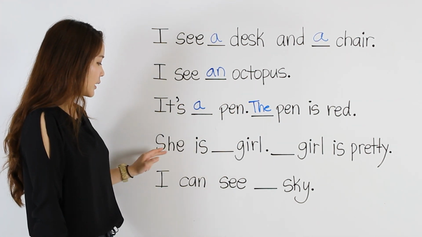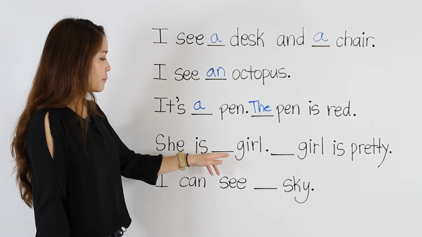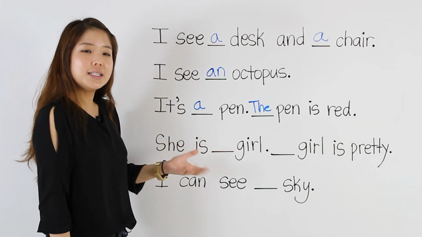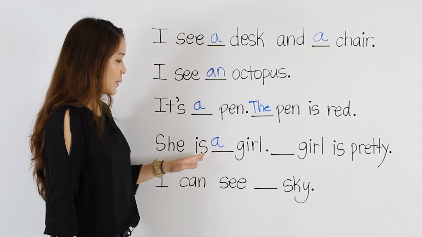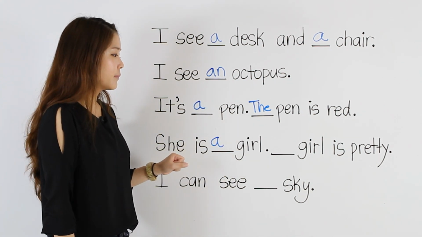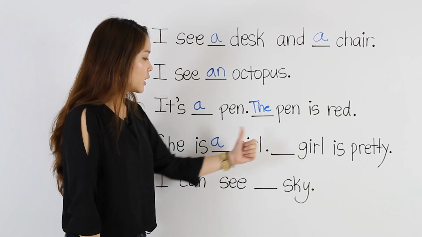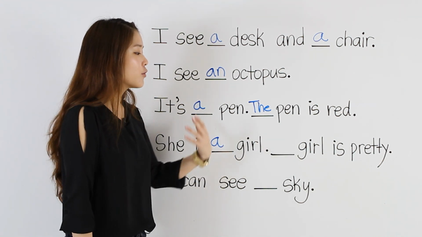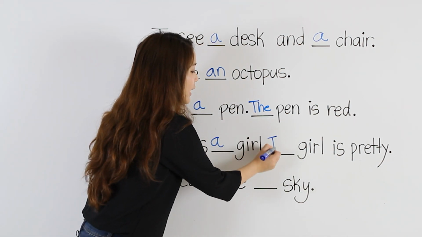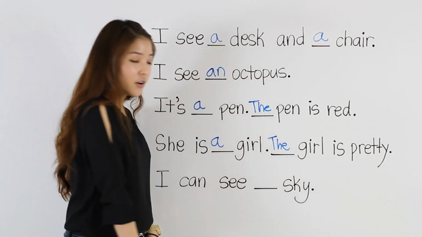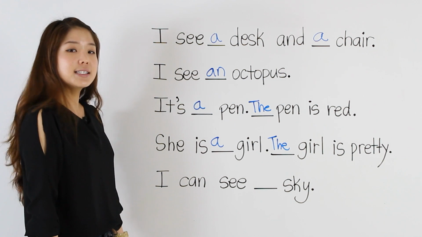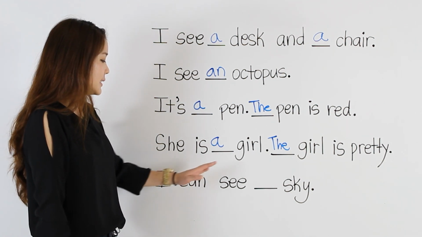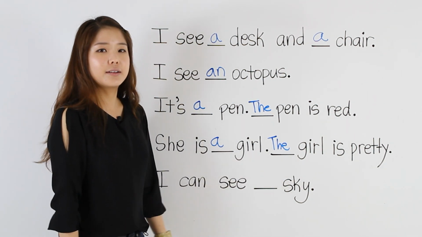Okay, similarly, she is girl. What do I say? A girl. We're talking about her for the first time. Now we're talking about this girl again for the second time, so I have to say the girl is pretty.